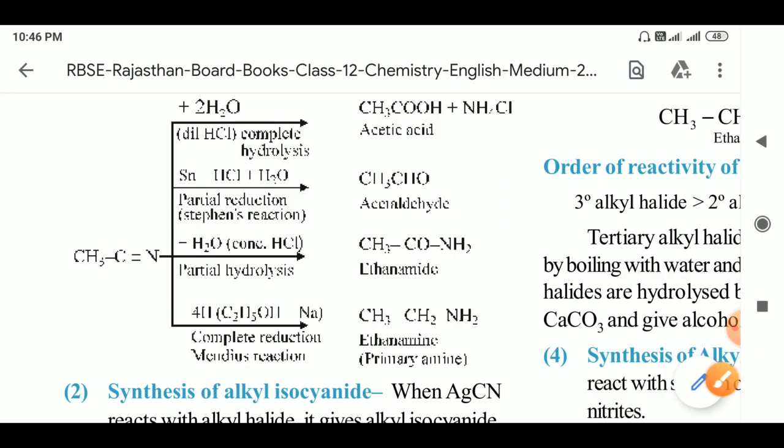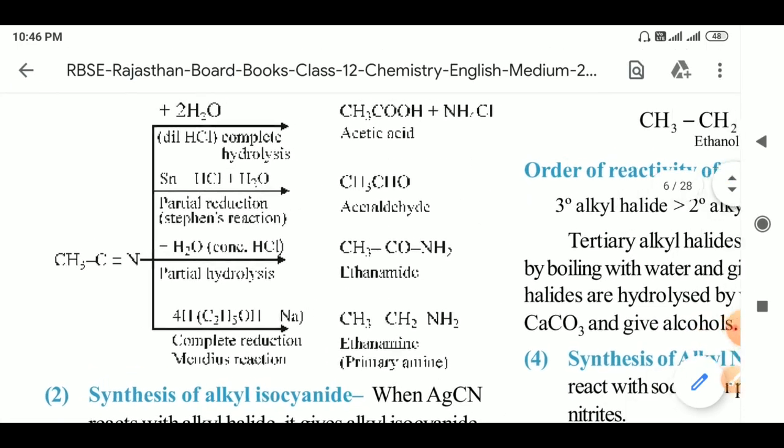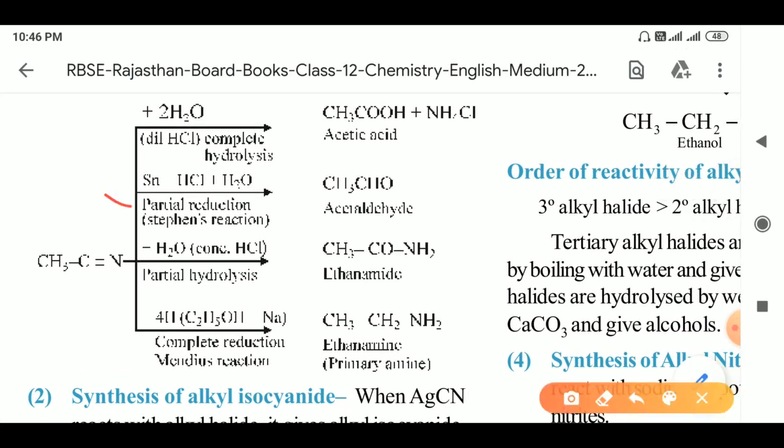CH3CN, now the reduction reactions, partial reduction and complete reduction, just like partial and complete hydrolysis. These two reactions are also name reactions. That one is known as the Stephen reaction, based on the scientist's name.